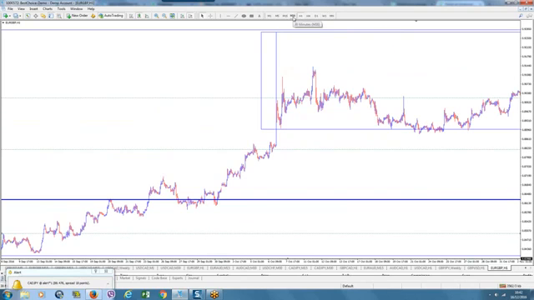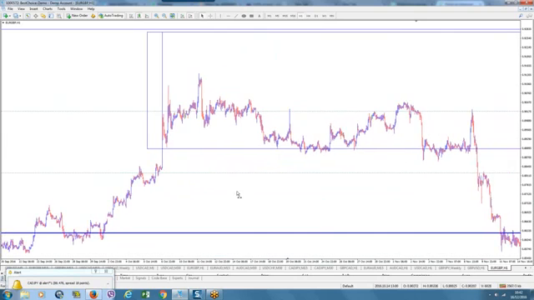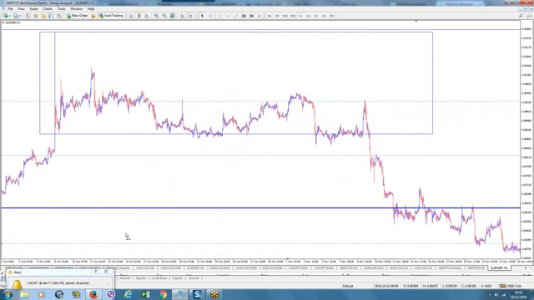Let me see what I would have for this. Let me move over here a little. Okay, I would say the deepest retrace is here.